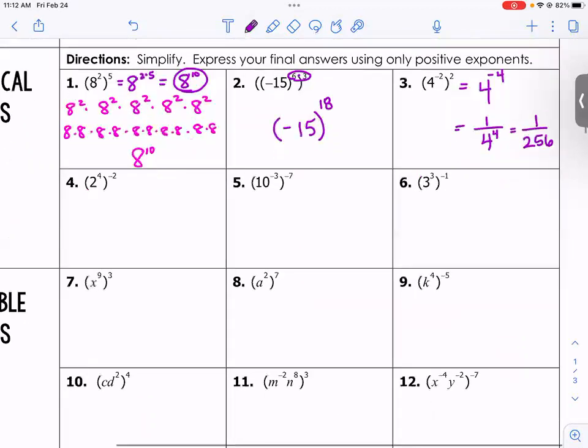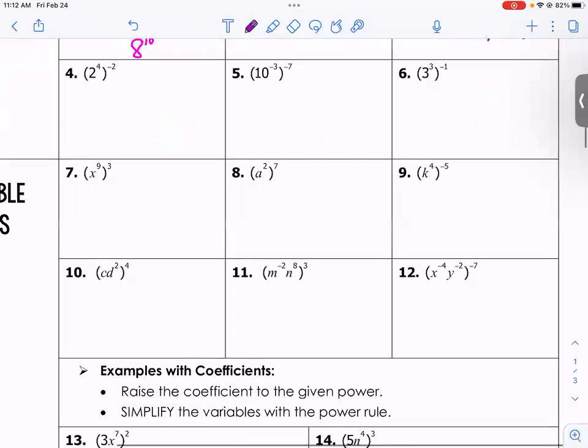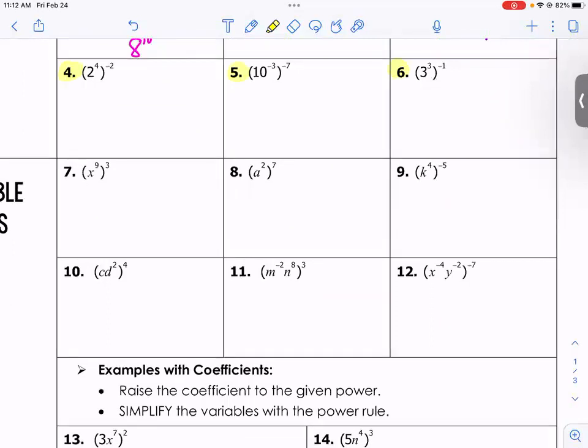Okay, you and your elbow partner work together on 4, 5, and 6. All right.